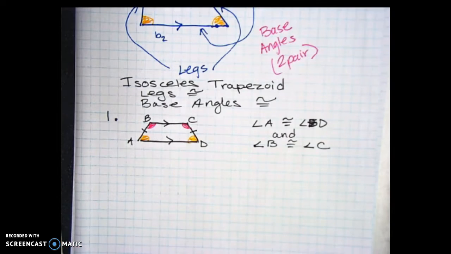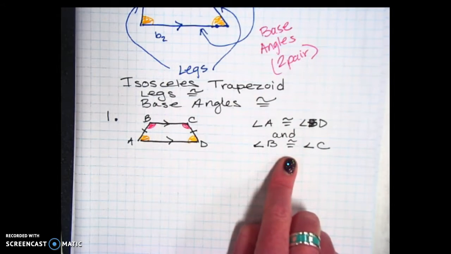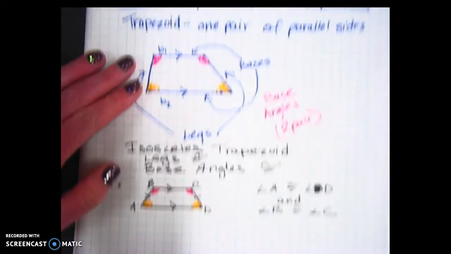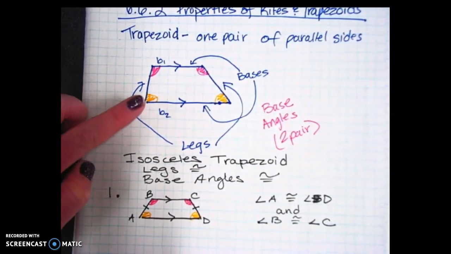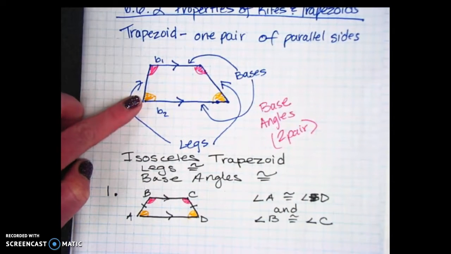Okay, they're both base angle pairs, and on an isosceles trapezoid, they're congruent. On just a regular old non-isosceles trapezoid, they aren't necessarily congruent. In fact, they're not congruent.